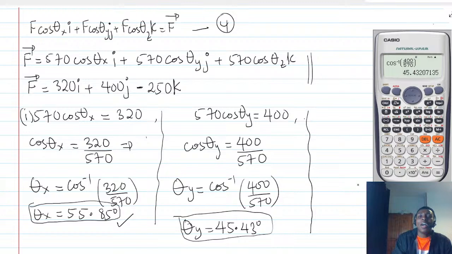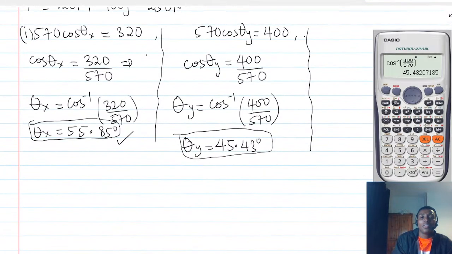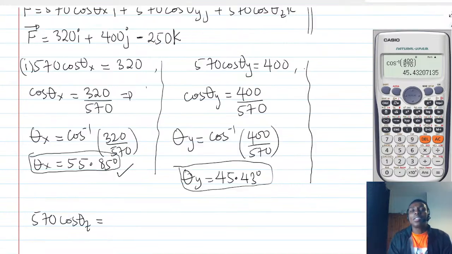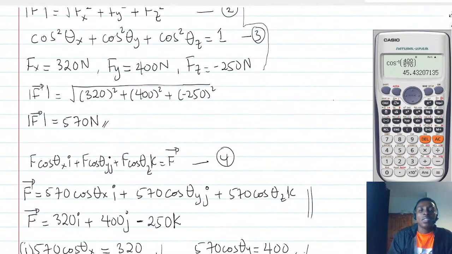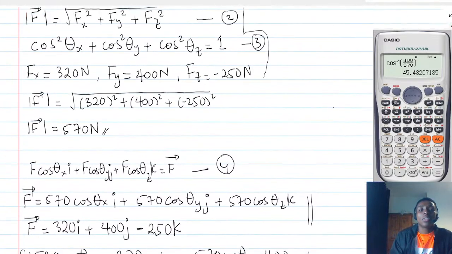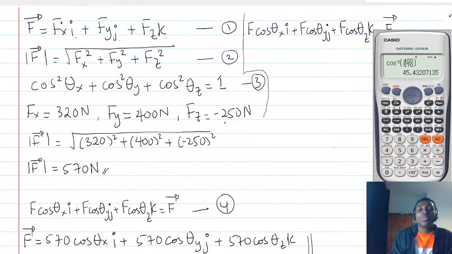Now let's find theta z. I can also say that 570 cosine theta z must be the same as the z component. And the z component was minus 250, right?